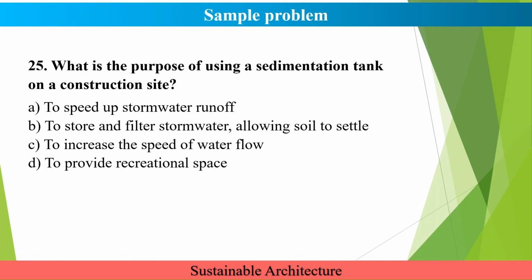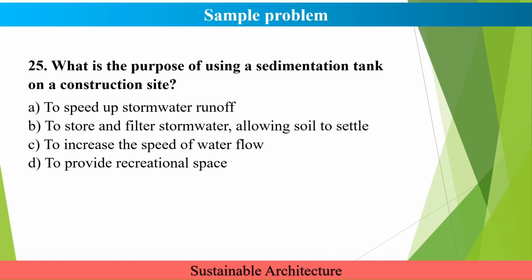That is question number 25. What is the purpose of using a sedimentation tank on a construction site? Yes, sir. Okay, so I think this question is very clear to all of you.